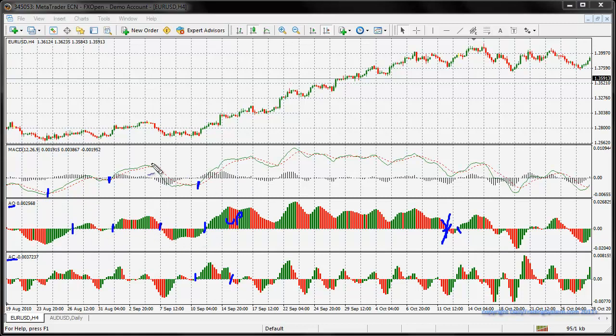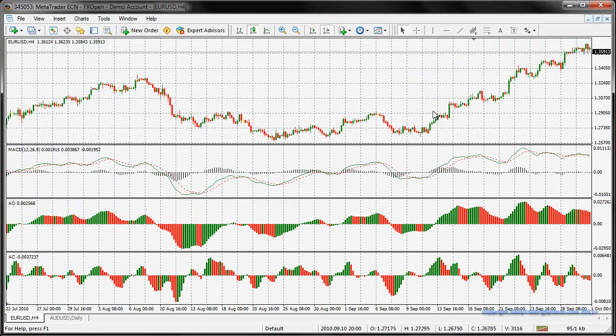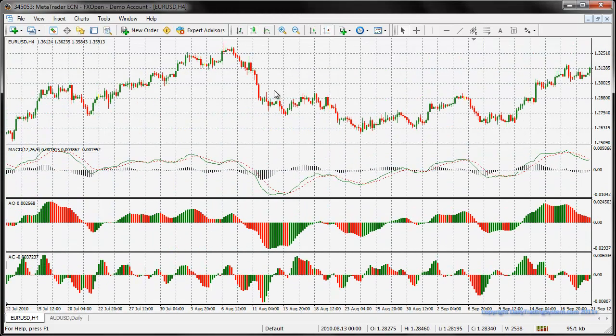So for a short trade you would want to have this point and this point line up, but they don't. Then this point and this point you want them to line up, but they don't. This one does. I think it's within one bar, which is the forgiving rate, because you can't always line up.